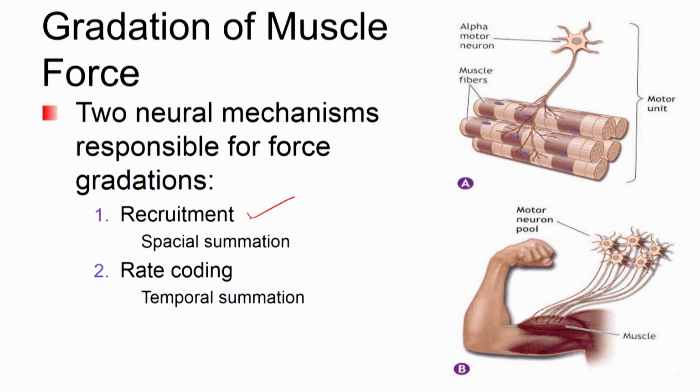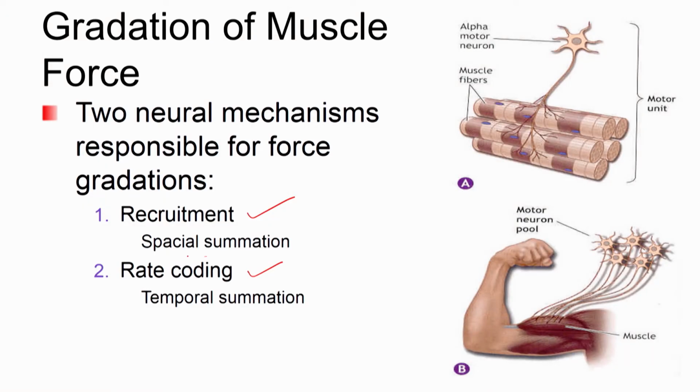There is one more way of controlling the force. That is called rate coding. In the initial part, when we started this lecture, we saw that the frequency of the stimulation can also change the force. Okay. That is called the rate coding. So how frequently you are going to stimulate the muscle can change the force developed by the muscle.